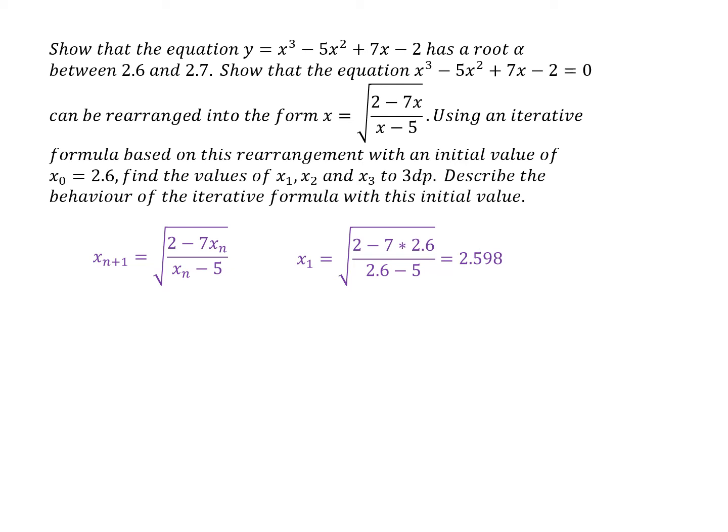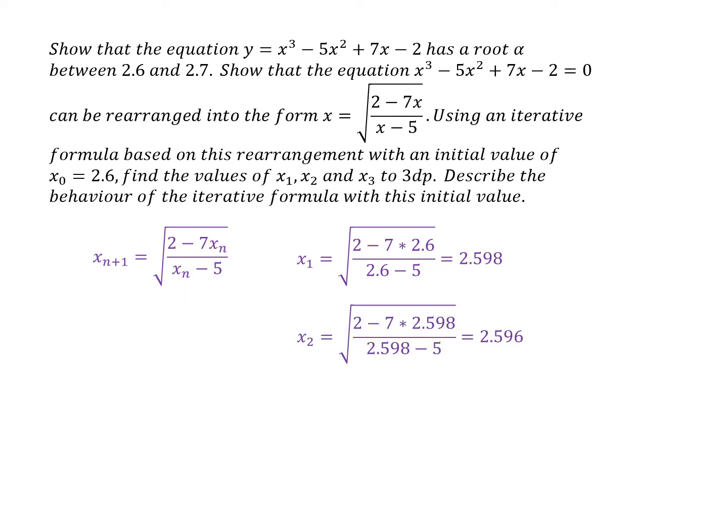This is rounded to 3 decimal places. Then we use this same formula again to calculate x2, but this time we're putting x1 here and here. And the x1 that I'm putting there and there is not this rounded number, but the unrounded number.